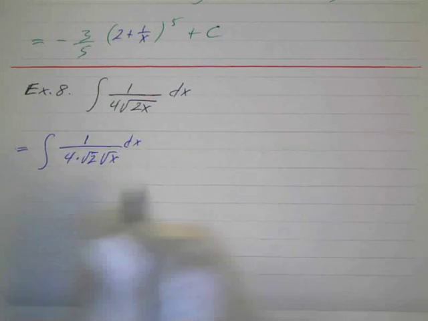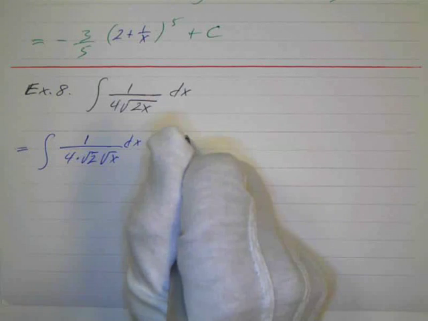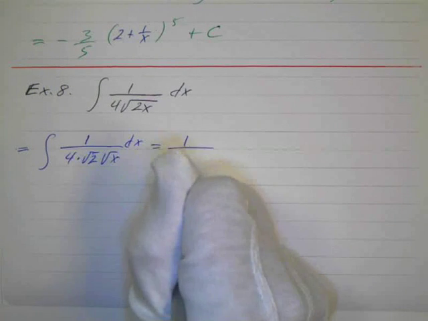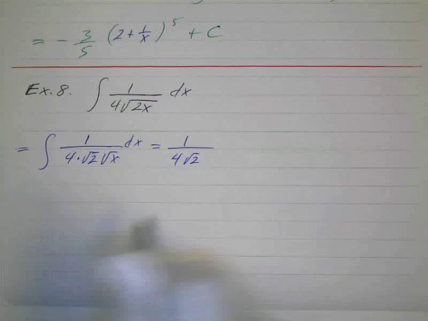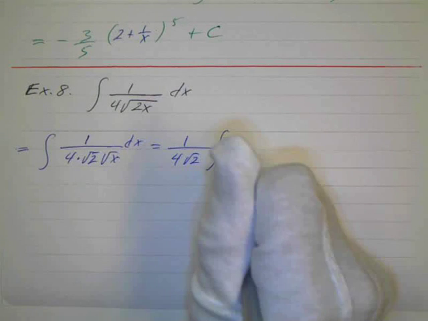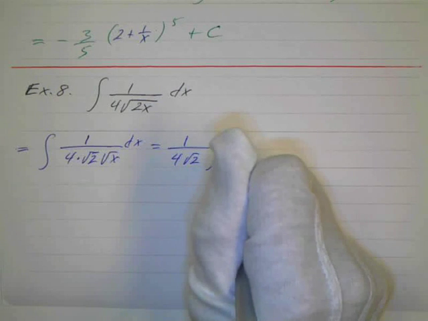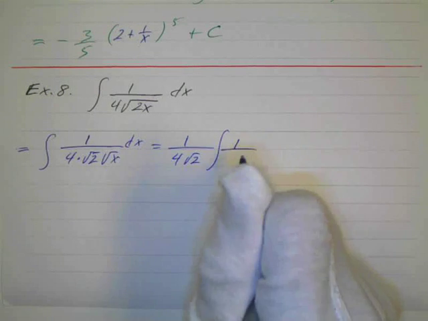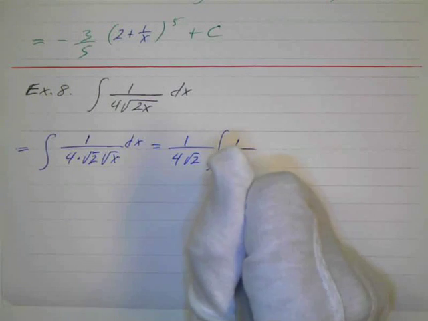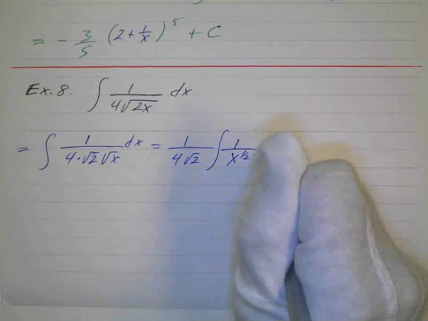And then we could take that out in front, so we could write that as 1 over 4 times the square root of 2 times the integral of 1 over the square root of x, and we could write that as x to the 1/2 dx.